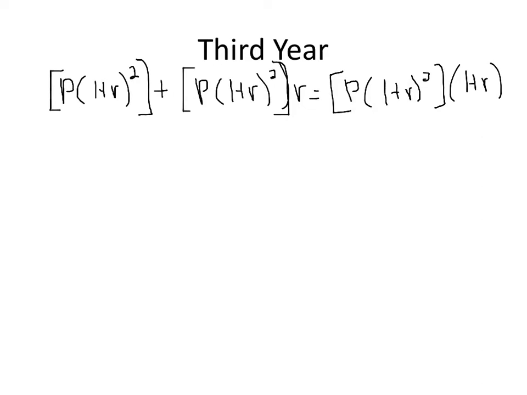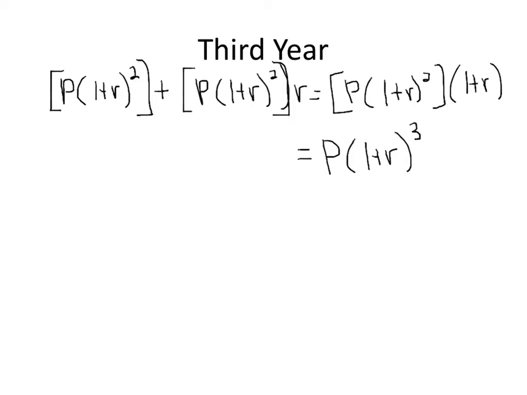Because we have factored. Now, do I expect you to be able to do this every time? Absolutely not. What I'm doing here is showing you how we derive the formula, because in the third year we have our principal balance times 1 plus the interest rate, and this exponent is the number of years.